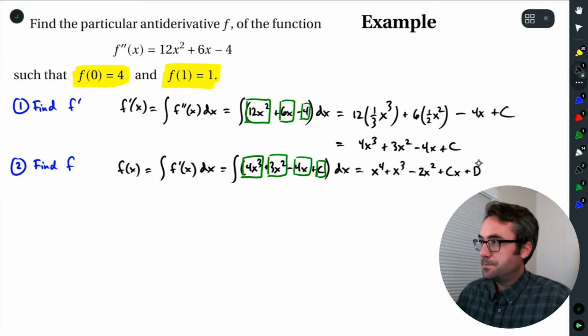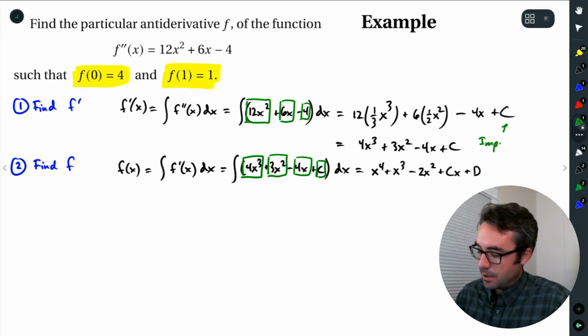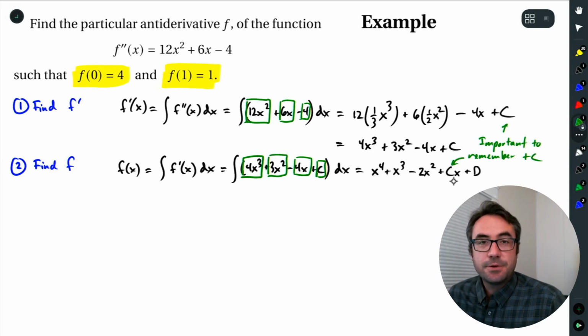All right, so you can see here that it's important to remember our constant. Because when we actually get the antiderivative, now there's this term here that actually has a variable with it, c times x.